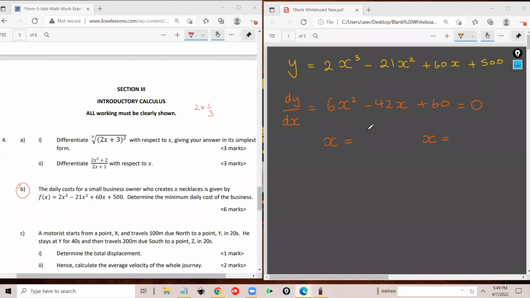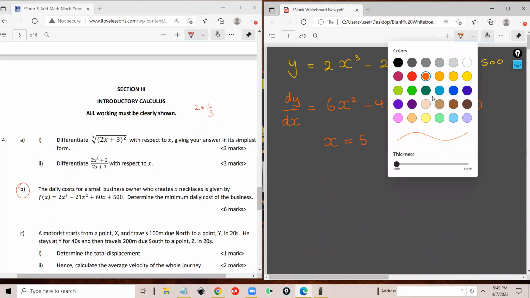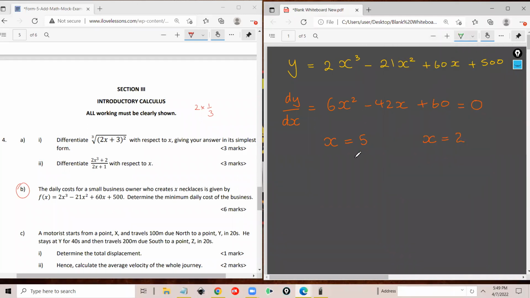When you solve it, you're going to get 5 and 2 when you solve the quadratic. Now, from this point, we need to figure out which one is the maximum or the minimum, which means we have to differentiate one more time. So this red expression here, differentiated one more time, you will get 12x minus 42.